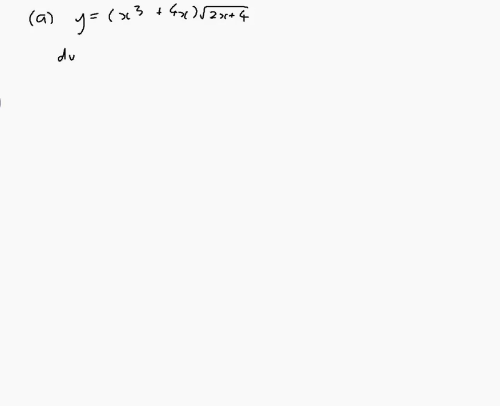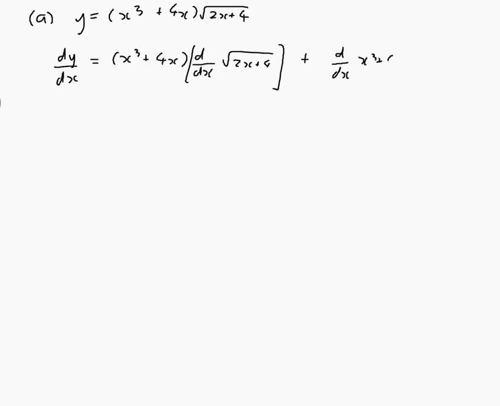So dy on dx is equal to the first thing, x cubed plus 4x, times the derivative of the second thing, square root of 2x plus 4, plus the derivative of the first thing, so the derivative of x cubed plus 4x, times the second thing, square root of 2x plus 4.